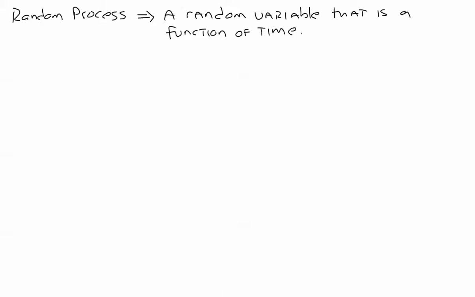For our purposes, that's the essential difference. That's probably not fully, precisely correct, but for our purposes, a random process is going to be a random variable that's also a function of time.